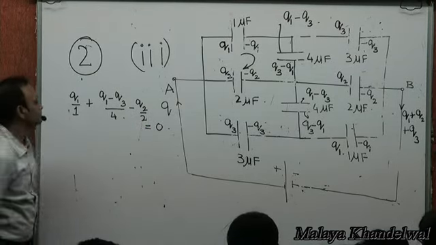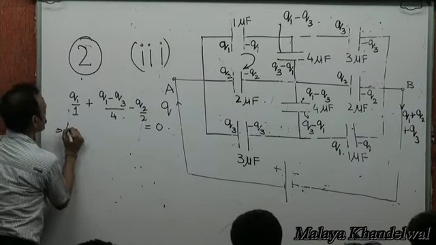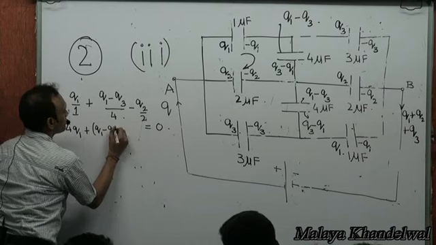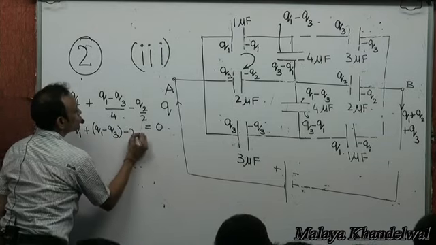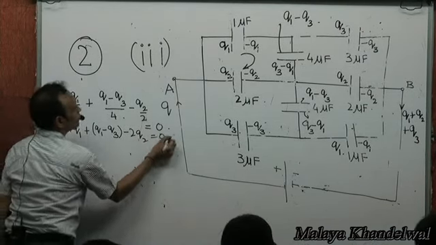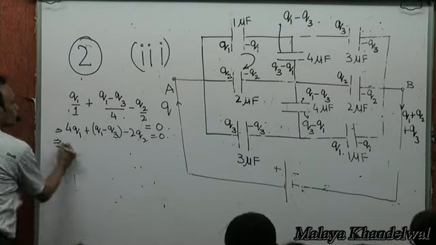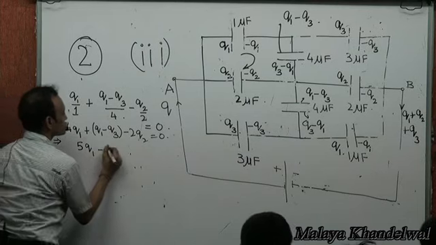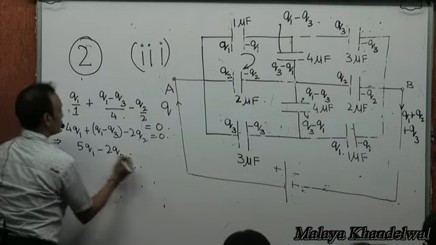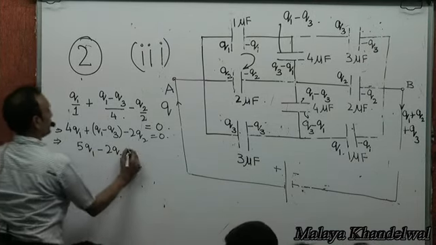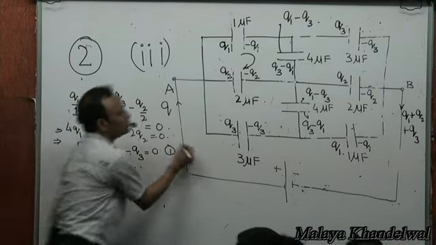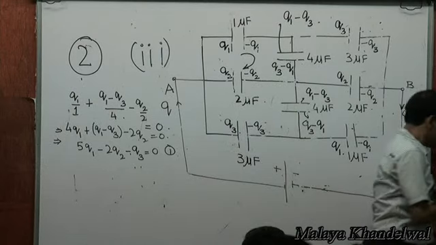Yes or no? You can simplify this. 4Q1 plus Q1 minus Q3 minus 2Q2 equal to 0. Or we have 5Q1 minus 2Q2 minus Q3 equal to 0 when you apply KVL to the upper loop. Right?